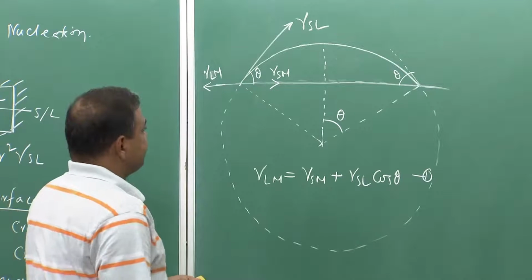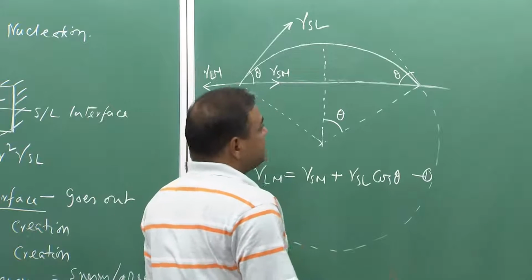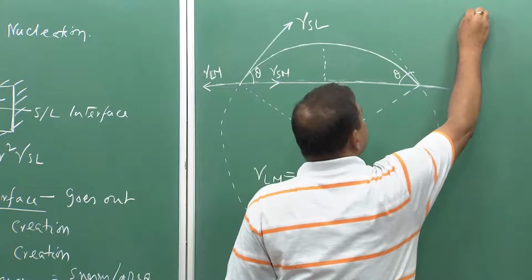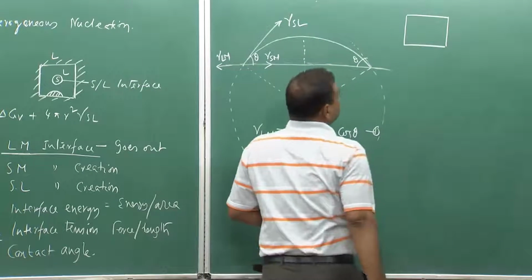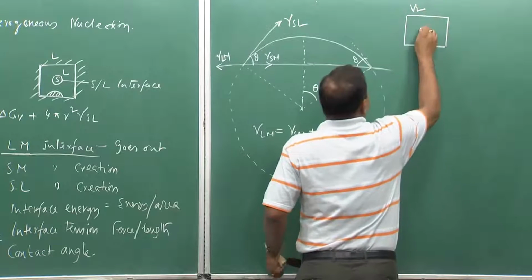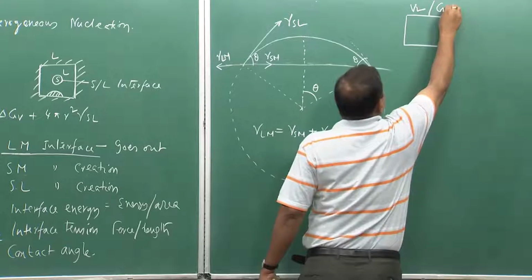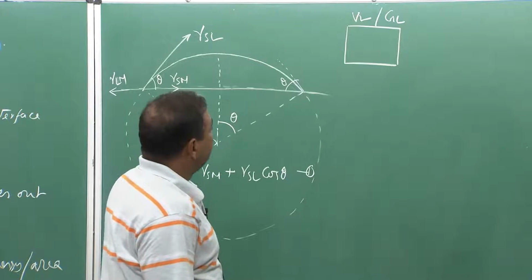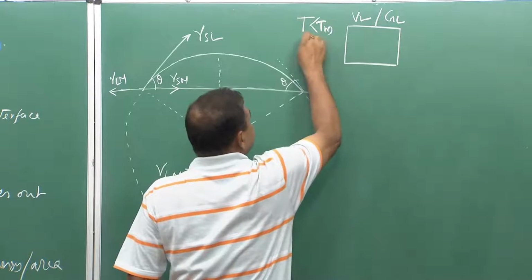Now, second case, if we try to understand the similar relation to what we got in case of homogeneous solid liquid transformation. So, if that is the volume V L, and G L is the free energy per unit volume of that liquid, at temperature T, which is less than T m.